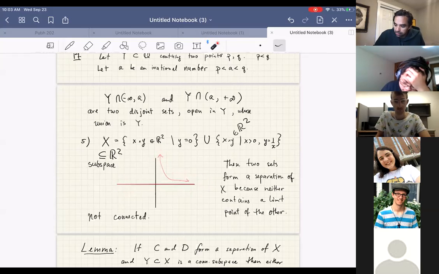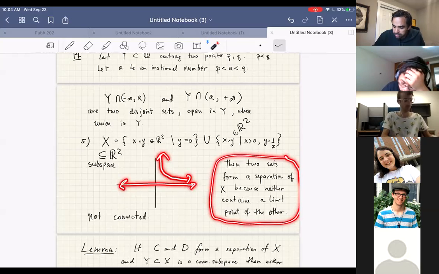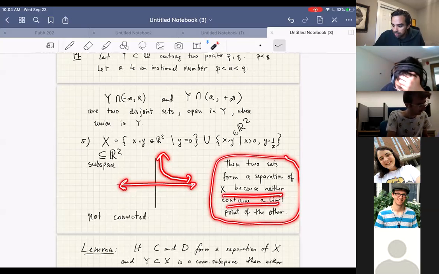And of course, how do you show this? Well, these two subsets form a separation of the space X itself. And this should be clear from the picture because neither contains a limit point of the other, right? By the lemma.